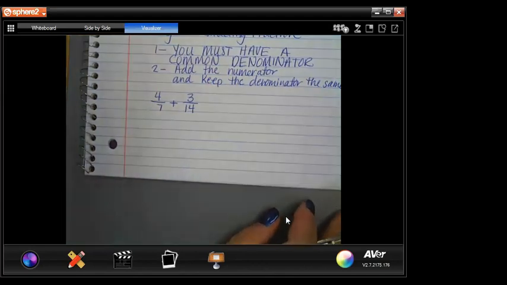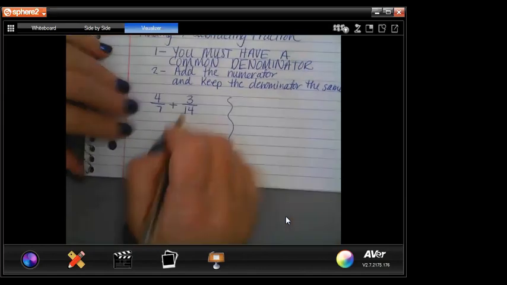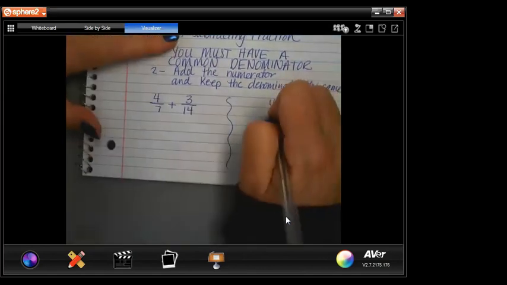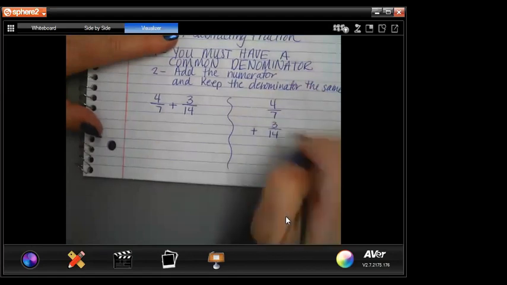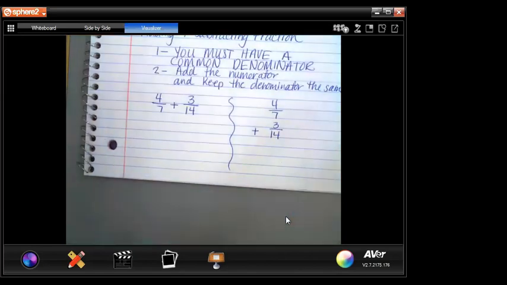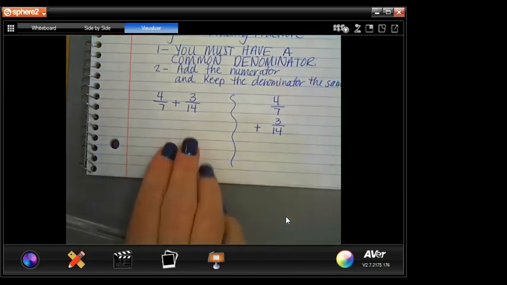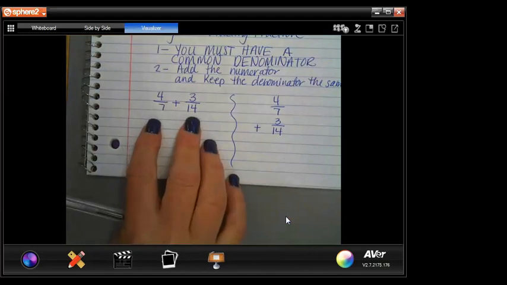Now, I don't know about you, and I don't care what way you do it, but you could keep it this way. Personally, when I add fractions together, I like to do it this way. I just like it. Now, in order to add these, you have to have a common denominator.